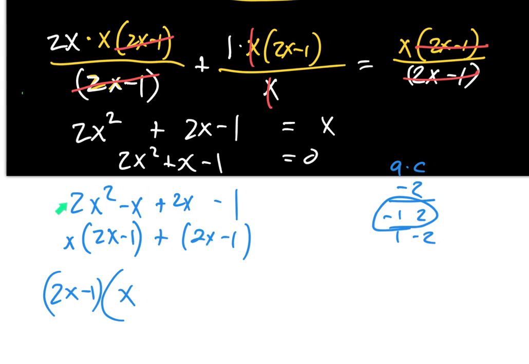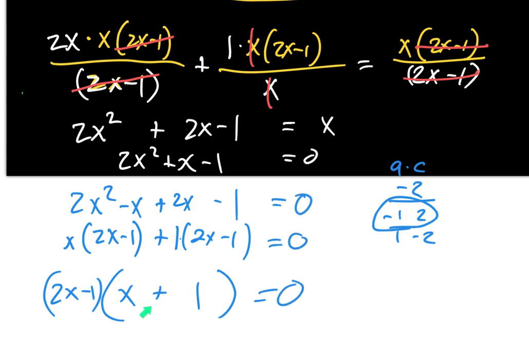When I factor this out in front, I'm left with plus 1, because really this is 1 times a parentheses set. We normally don't write 1 times, but this is one of those times when it actually helps us to remember that, oh, that's 1 times that parentheses. So when I factor that 2x minus 1 out, this equals 0.